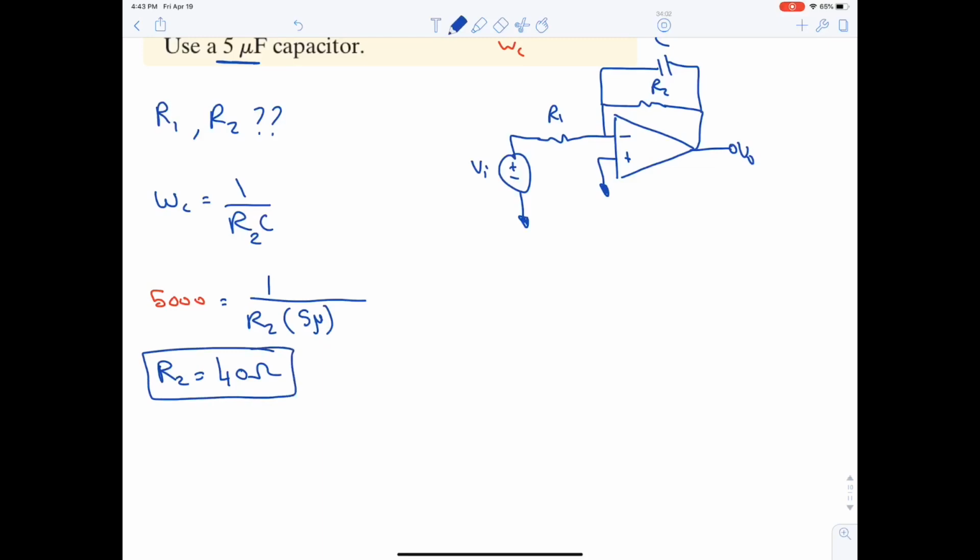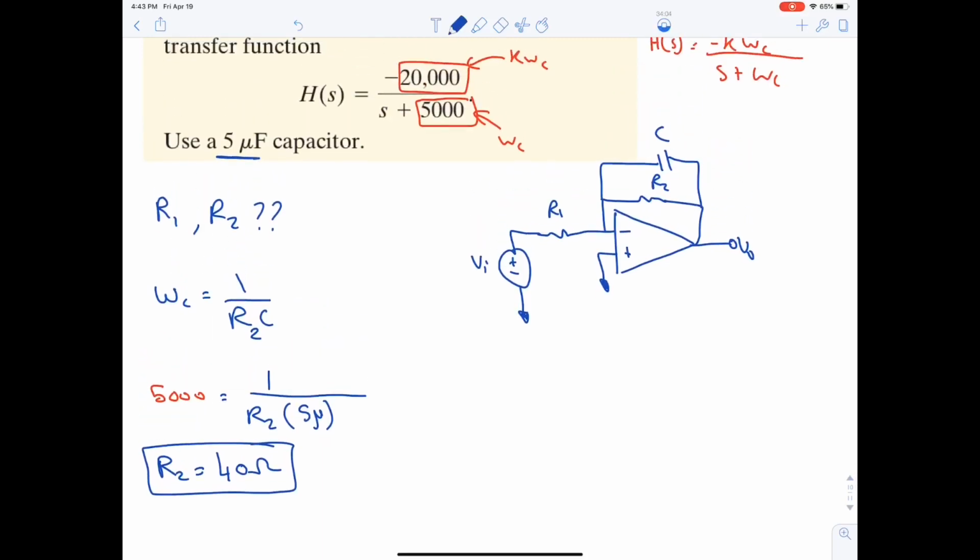Okay, now we need to find R1. How can we find R1? Through the gain. Gain is equal to the top resistance divided by the bottom resistance. We already computed R2, we need R1. But in order to find R1, we need K. How can we find K? From the numerator of the transfer function. We know that K omega C is equal to 20,000 and omega C is equal to 5,000.